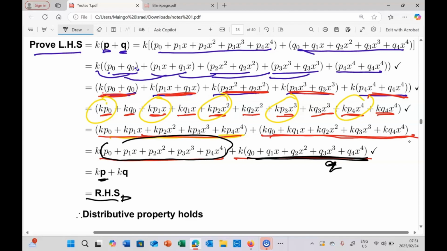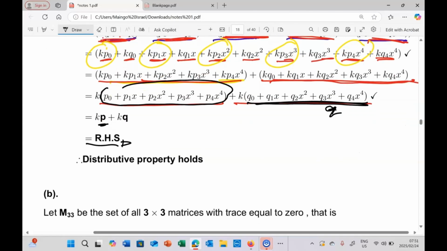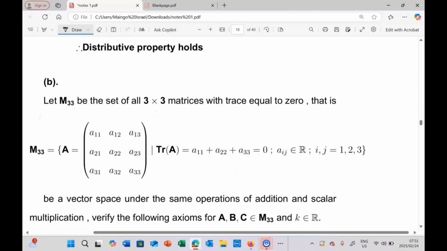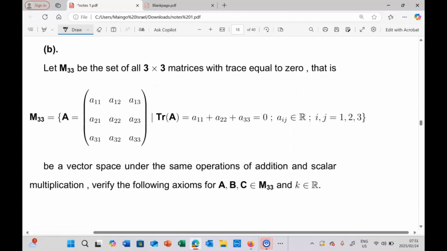Now we're about to go to the next example, which is number B, which is now in terms of matrices. So we need to go to number B, the second example.